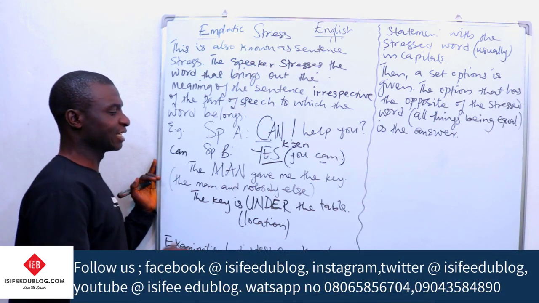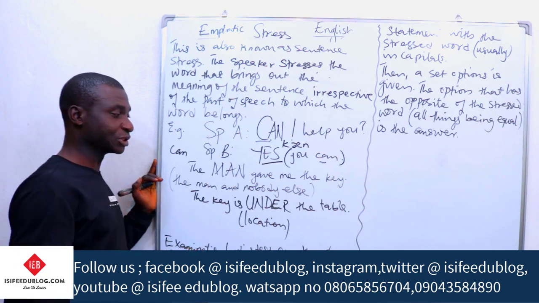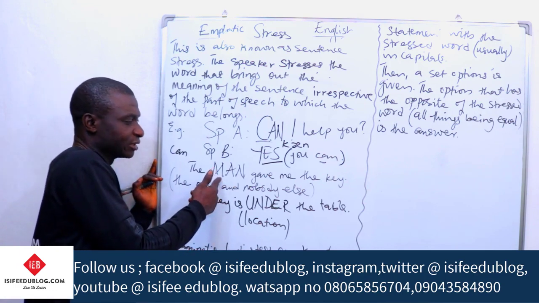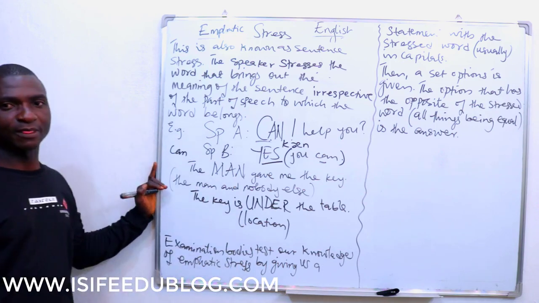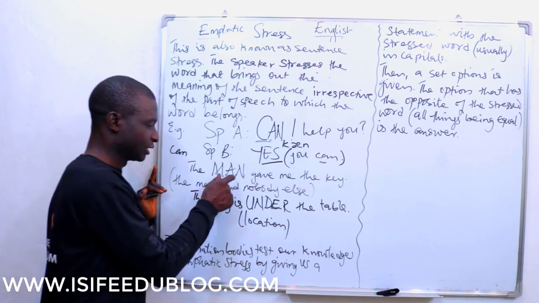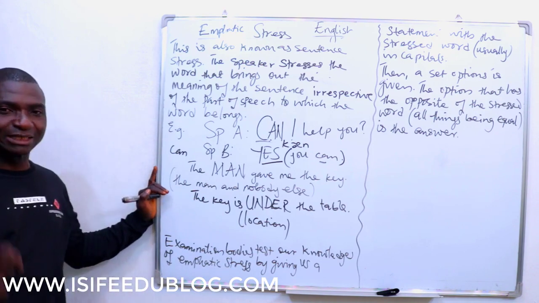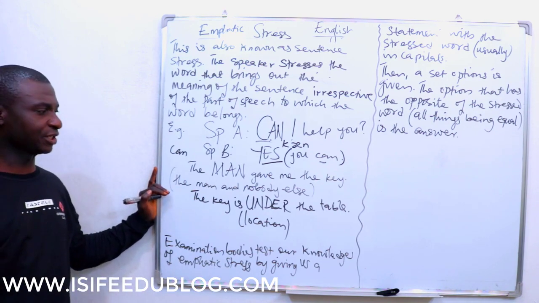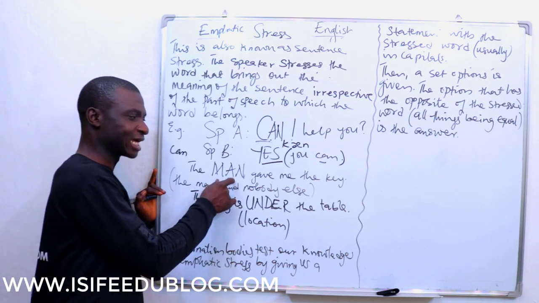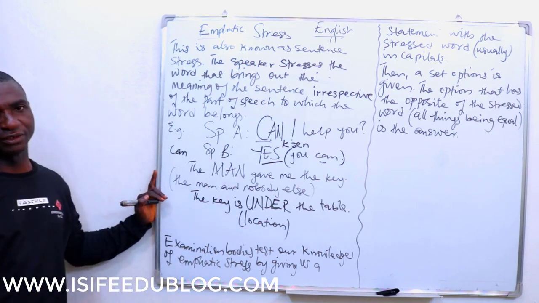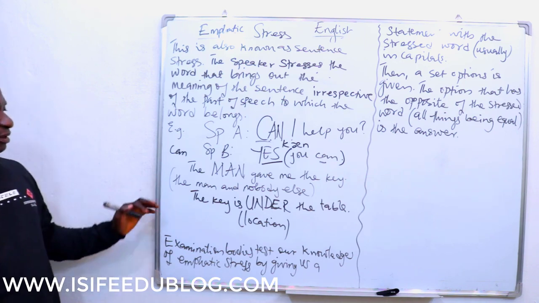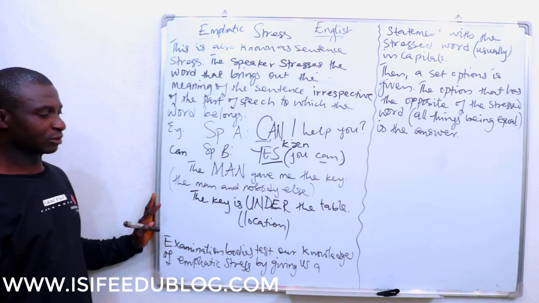Now, the man gave me the key. That is to say, somebody wonders who could have given me the key that belongs to this man. And in my saying, the man gave me the key, I'll stress man to show that he and nobody else gave me the key. Alright? The key is under the table.